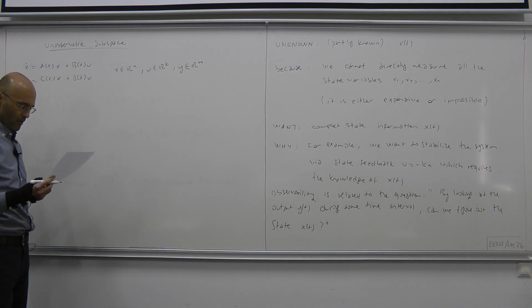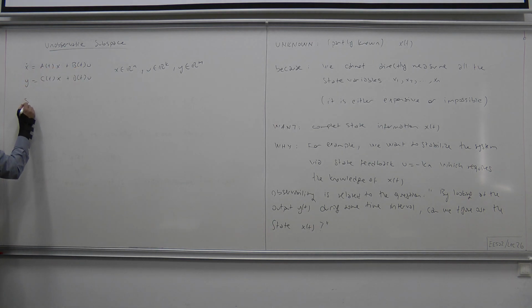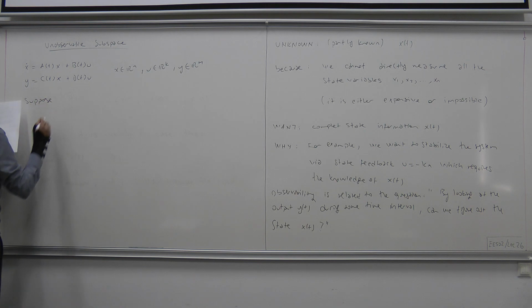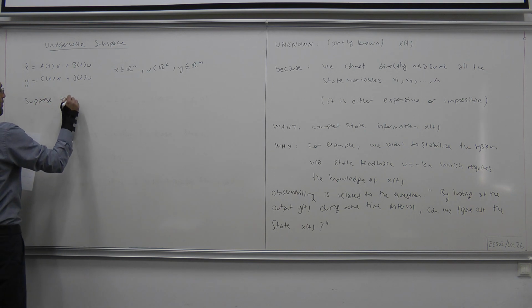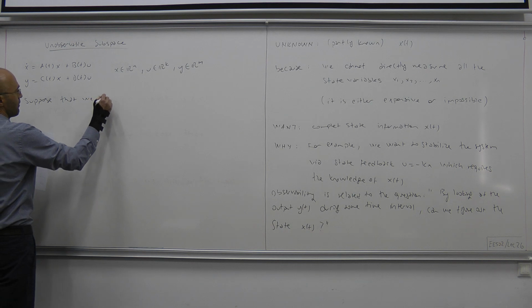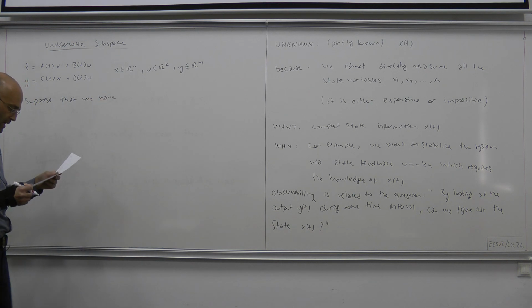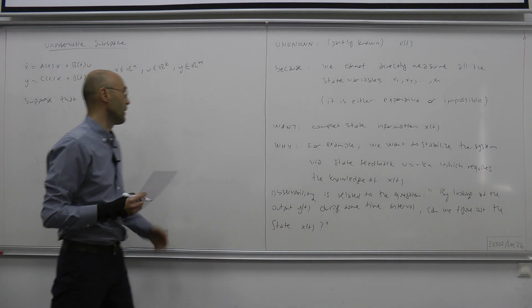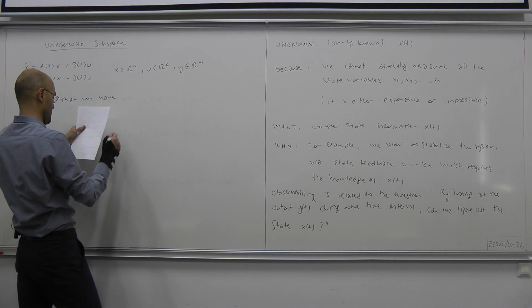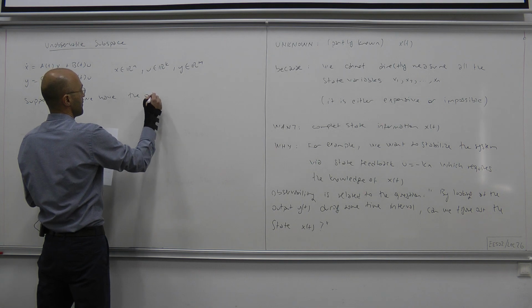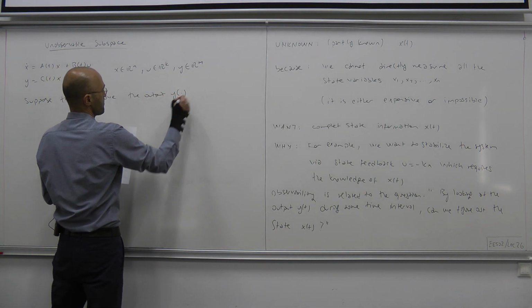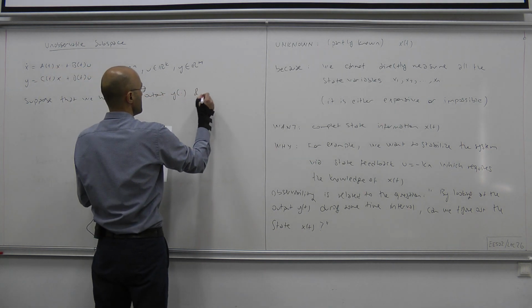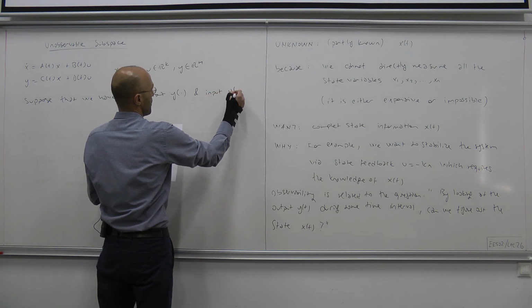Okay. Now, suppose that we have the output and input on some interval t0 to t1. Okay, suppose that we have the output y of t and the input u of t.